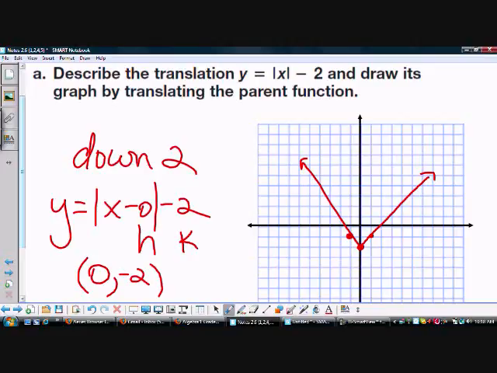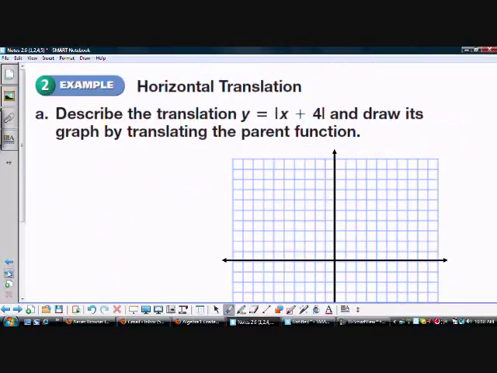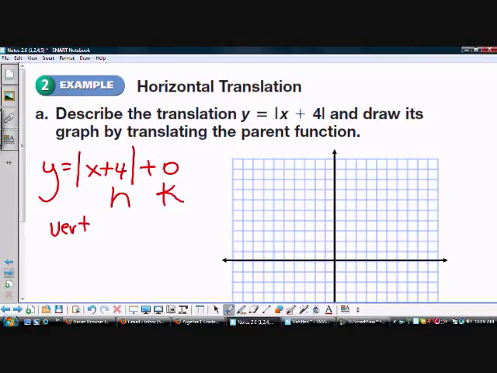Okay. Onward. If I have y equals absolute value of x plus 4, that's y equals absolute value of x plus 4 plus 0. So my h is 4, my k is 0, which means my vertex is at 4, 0. Oops, my h is negative 4, sorry. It's the inverse, yes.